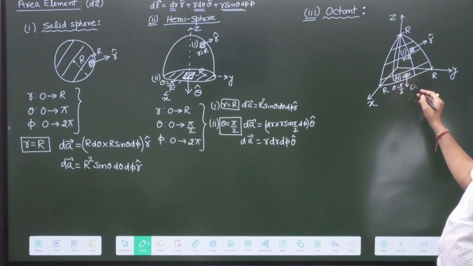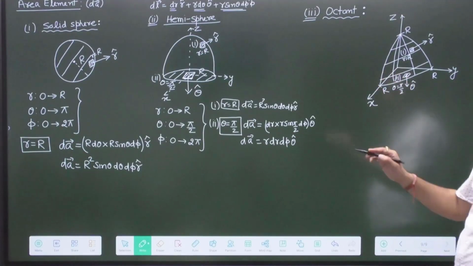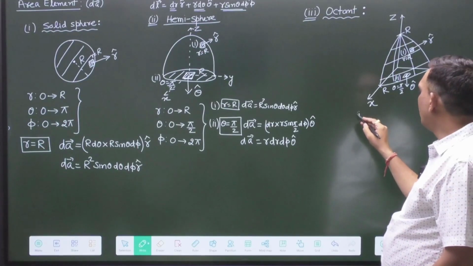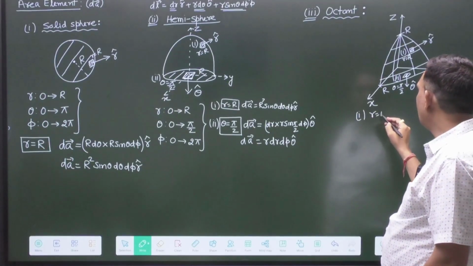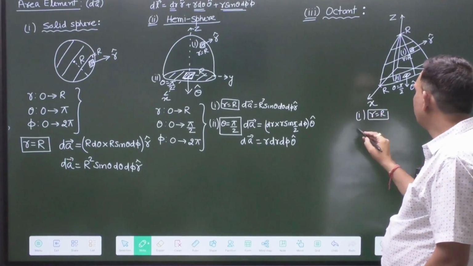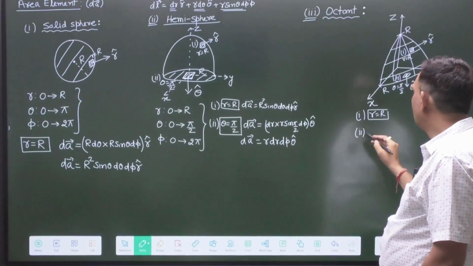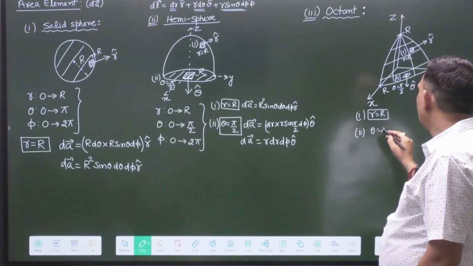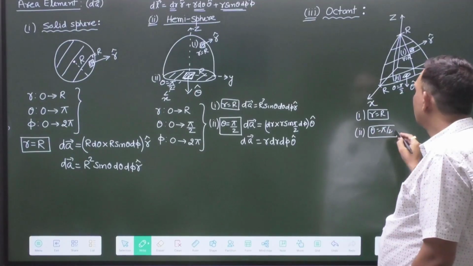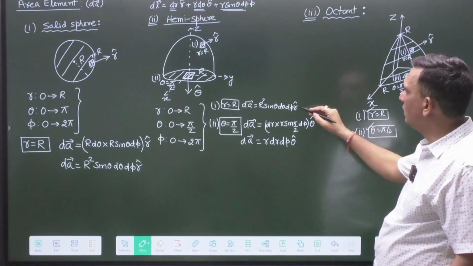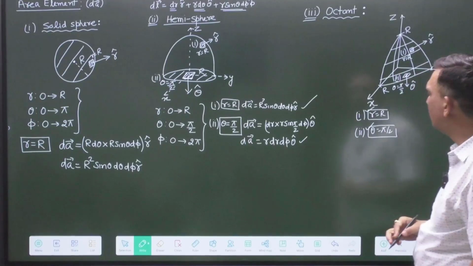This direction is theta cap. So we have already discussed surface 1 and 2. In the same way you can write theta pi by 2, so you can easily see what dA will be.